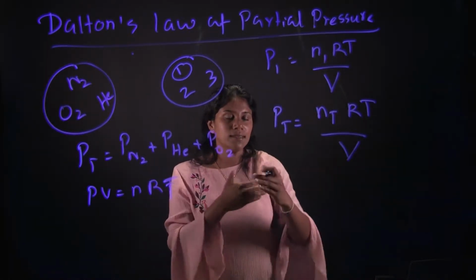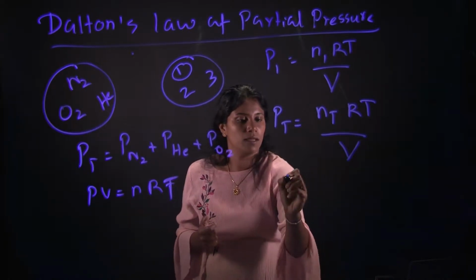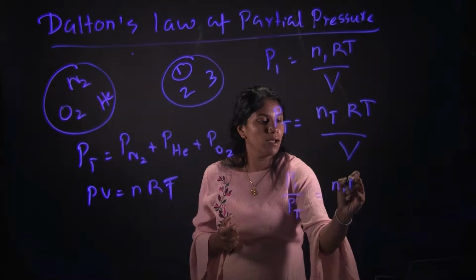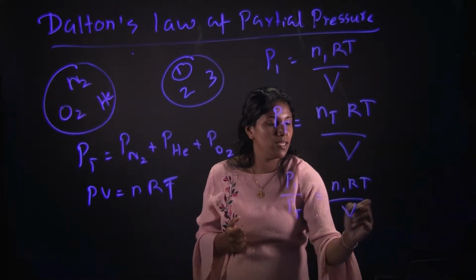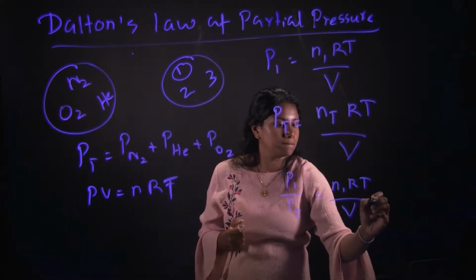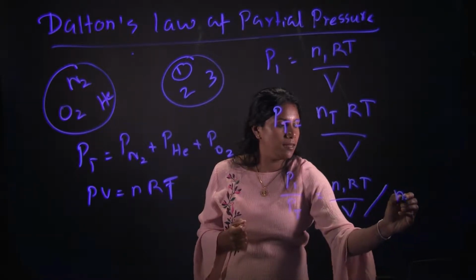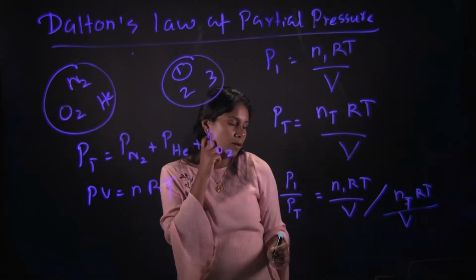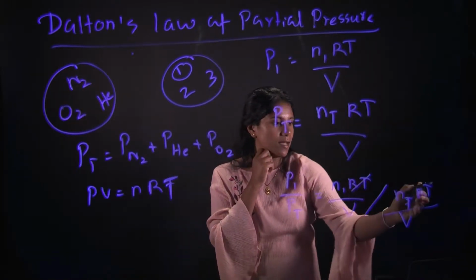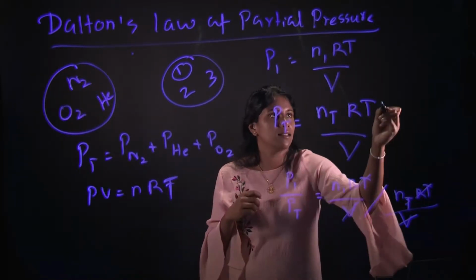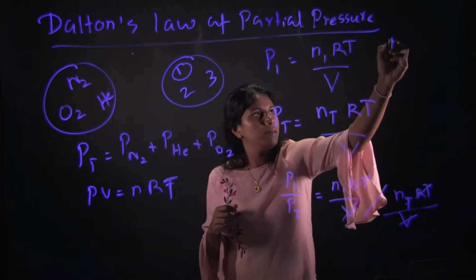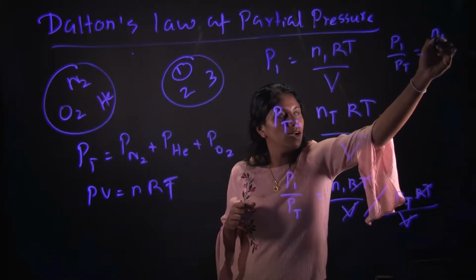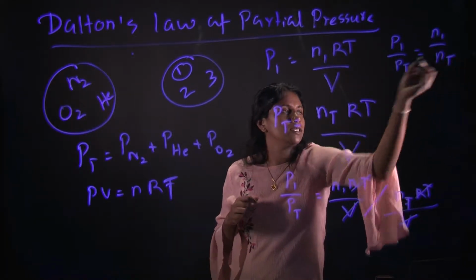So now if you want to get the relationship, P1 divided by P total equals N1 RT divided by V, divided by N total RT divided by V. Now if you divide in this way, RT cancels, V cancels, and then you get P1 divided by P total equals N1 divided by N total.